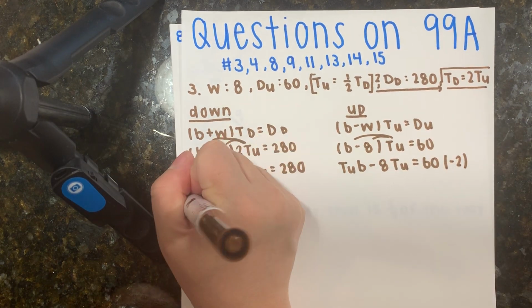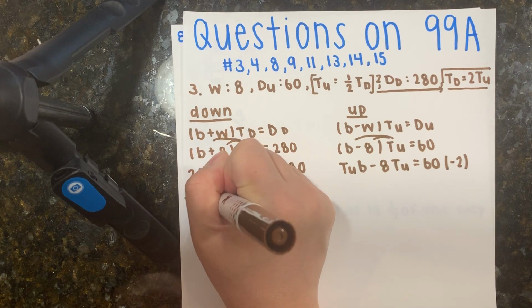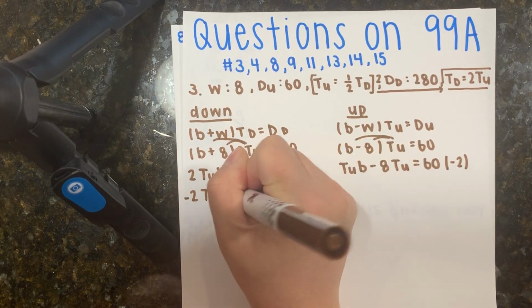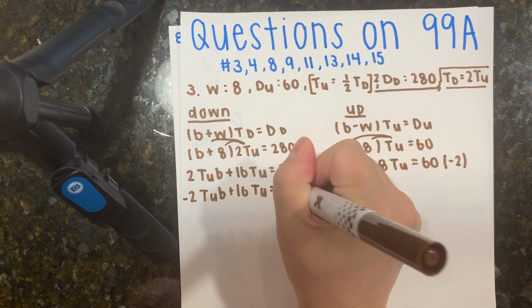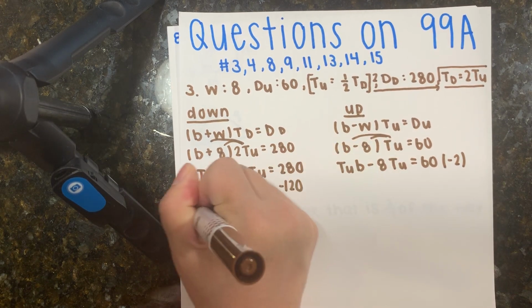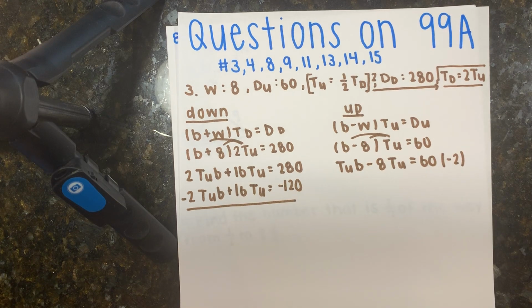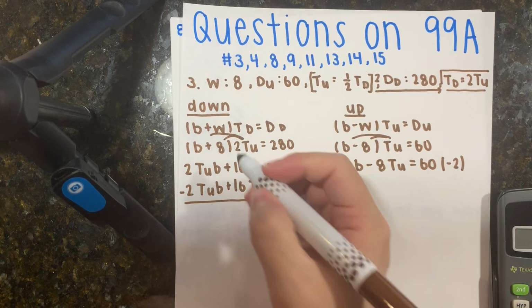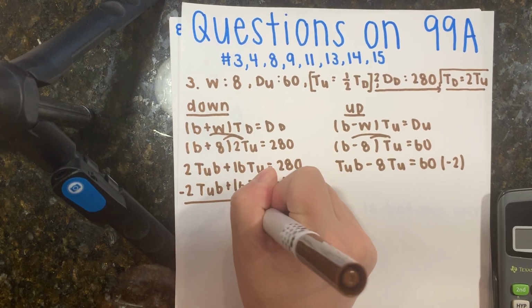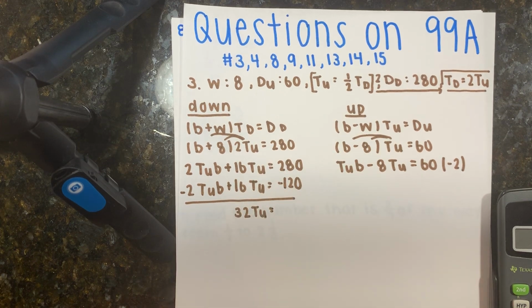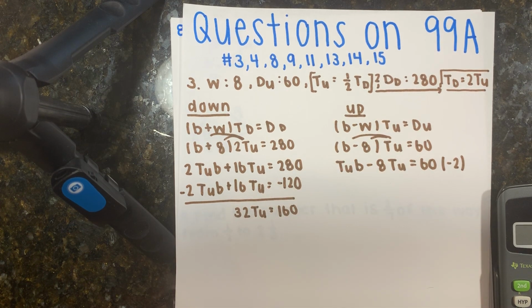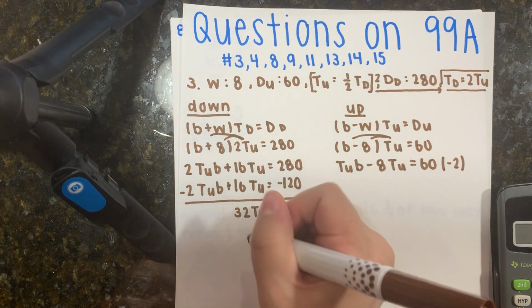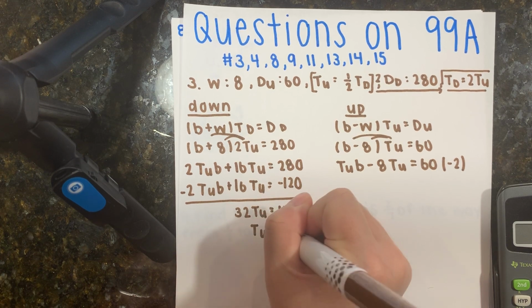When I do that, I'm going to get -2TUB plus 16TU equals -120. So my TUBs are going to cancel, and I'm going to get 32TU is equal to 280 minus 120, which is 160. And when you divide that by 32, you're going to get TU is equal to 5.